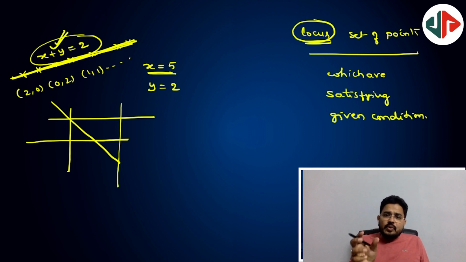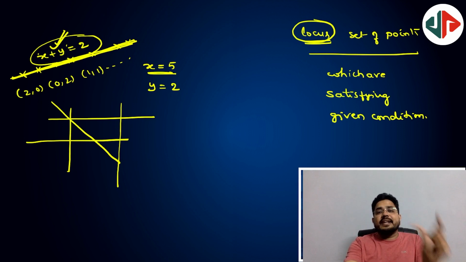Accordingly, you need to apply that condition to get the relation between x and y. So, in other words, locus is nothing but a relation between x and y. With that relation, whatever you put on the graph paper or in two-dimensional geometry, that path is the locus.